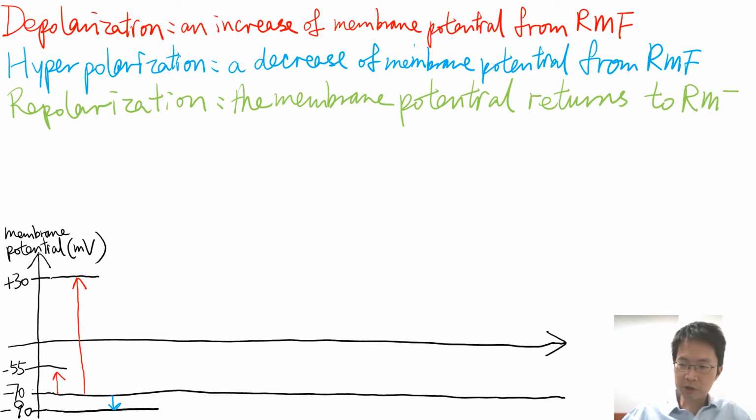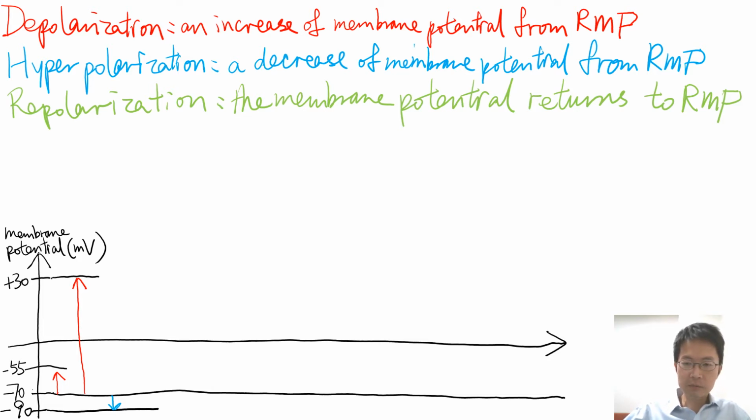Sorry, I misspelled it: this is P, potential. Not RMF, RMP, resting membrane potential. Repolarization means that the membrane potential returns to our resting membrane potential.